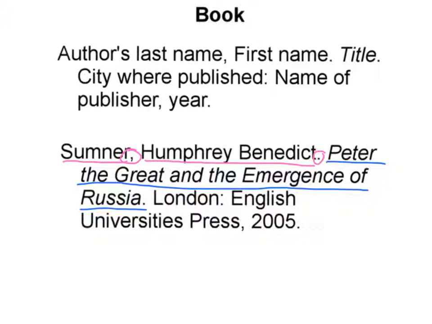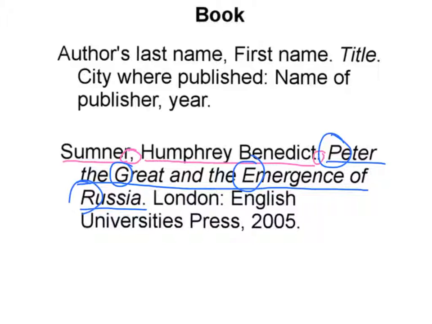So it's in that different slant font that we call italics. Another thing to notice is that we capitalize the first letter of these words in the title that need to be capitalized. So make sure you capitalize the words in the title that need to be capitalized. Okay, so we have the author's last name, comma, first name, and then we have the title.